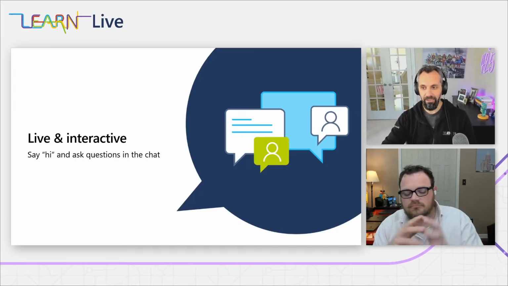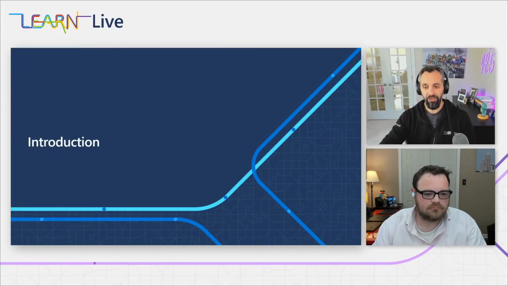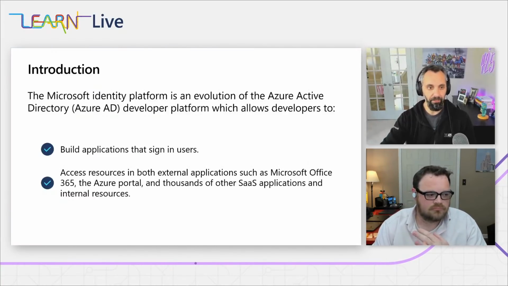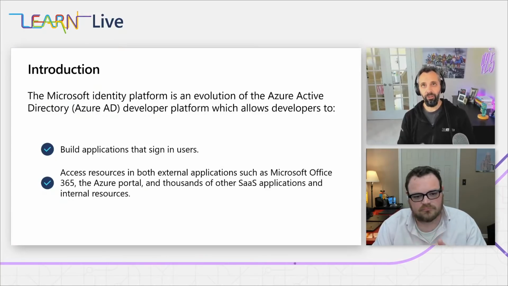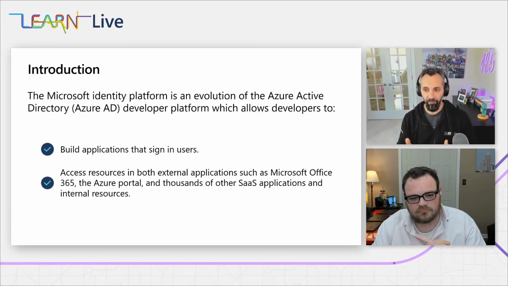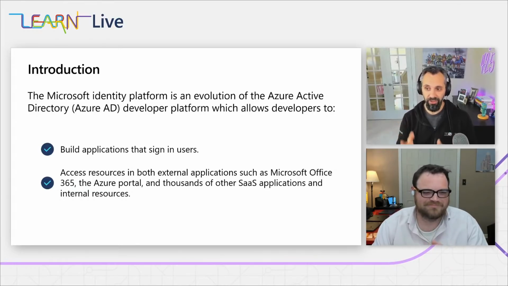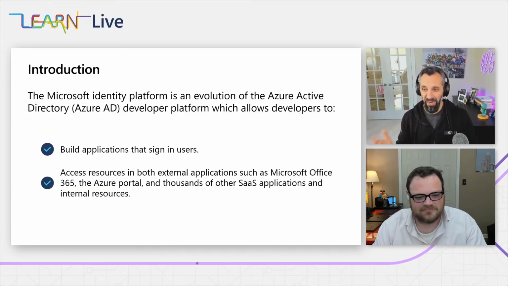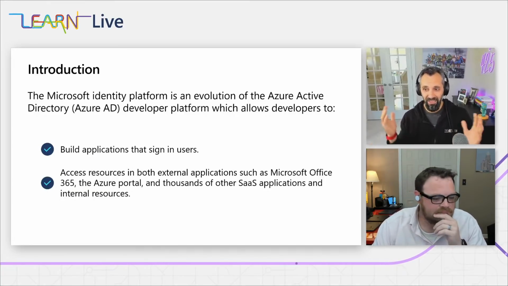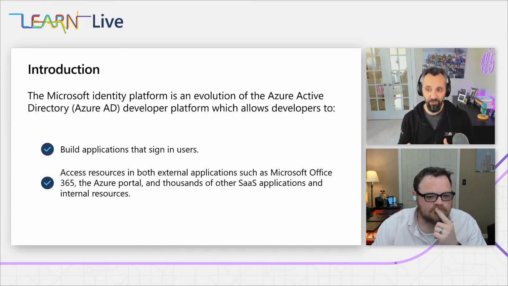Let's kick it off with an introduction to the Microsoft Identity platform. If you haven't used identity before, JP said it well: there's no system that you interact with today that doesn't require knowing who you are. Unless it's a marketing site that just presents you with some information, everything else you interact with needs to have a profile, whether you're buying stuff from Walmart or interacting with some line of business application.